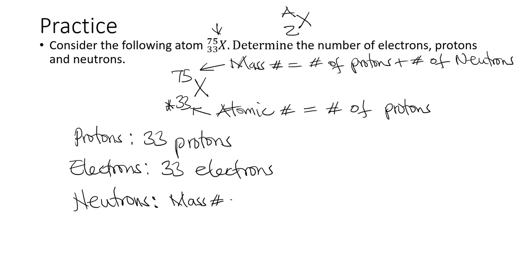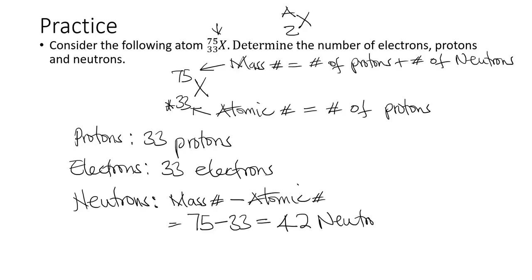Mass number minus atomic number in this case, which is 75 minus 33, giving us 42 neutrons. So that's how we solve a problem like this one. Let us go on to look at another problem.